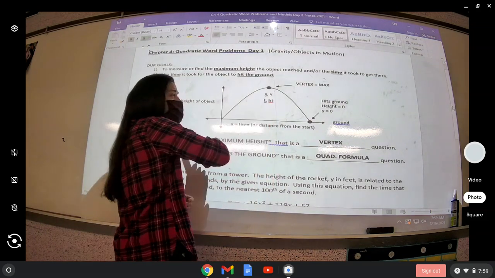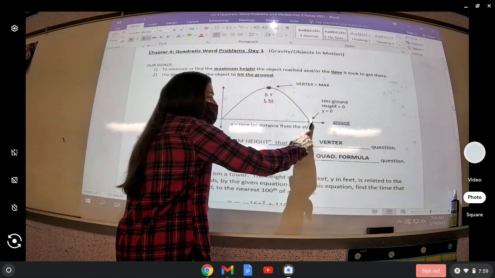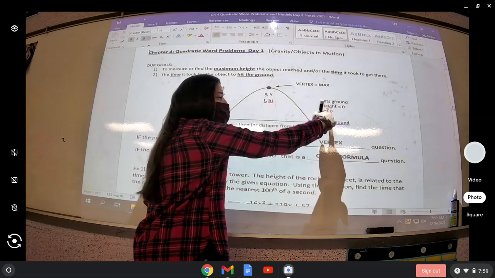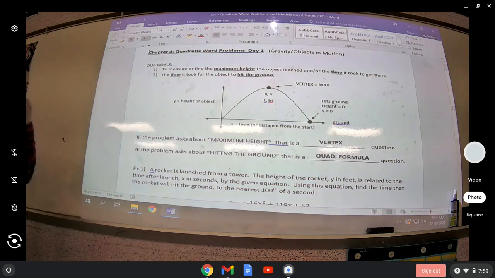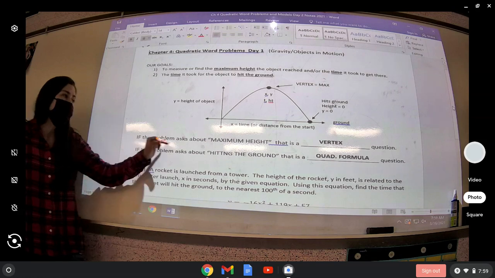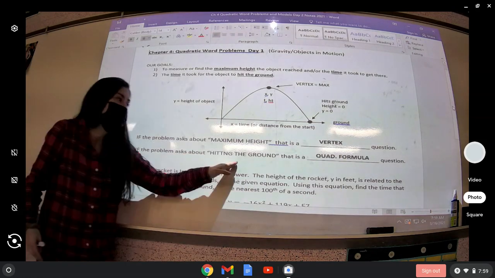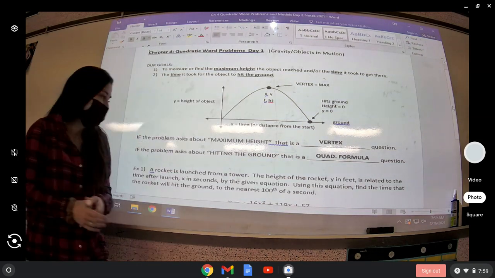The vertex is always your highest point. X is time, y is height, and if they ask you if it hits the ground, just remember, if it's on the ground, the height is 0, so the y is 0. So you're gonna set the equation equal to 0 and solve. Every time the problem asks about max height, that's a vertex question. Every time the problem asks about hitting the ground, that's a quadratic formula problem, because you're gonna have to set it equal to 0 and solve.